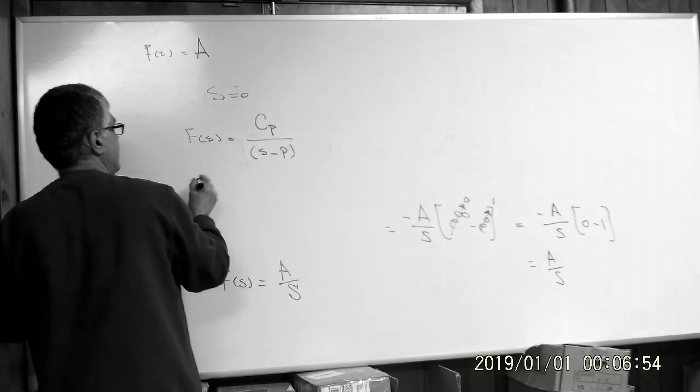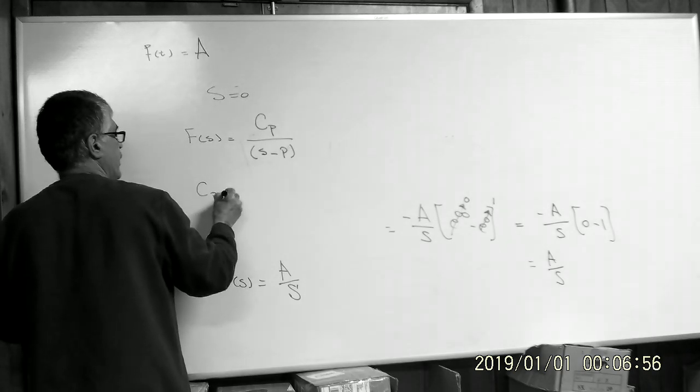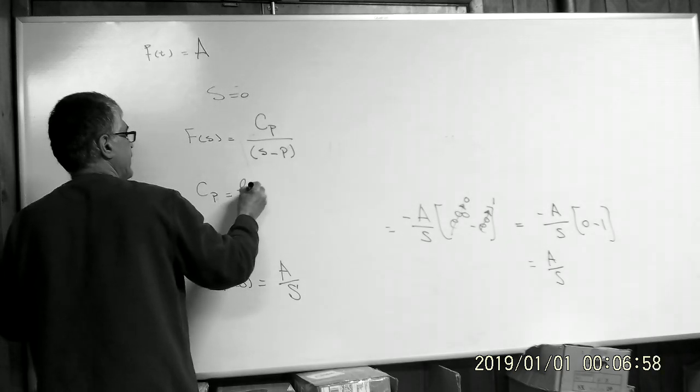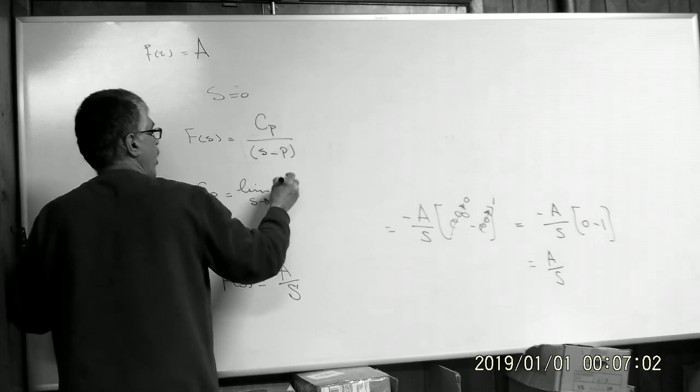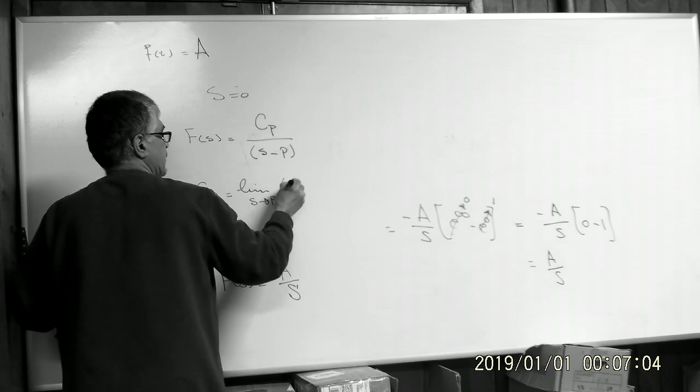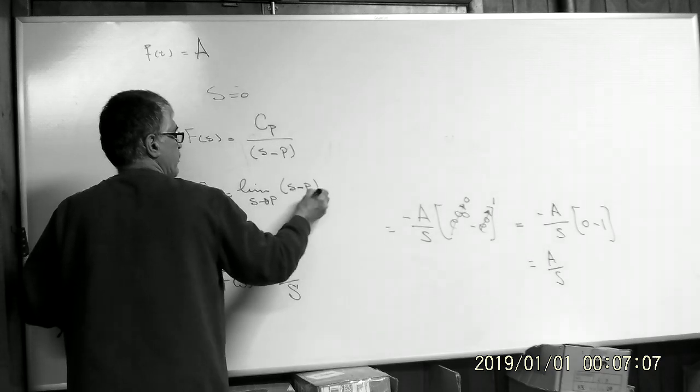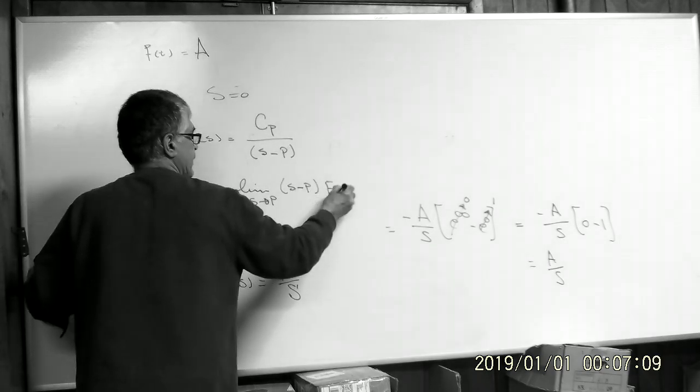So our constant associated with our pole is equal to the limit as s approaches our pole of s minus p multiplied by F of s.